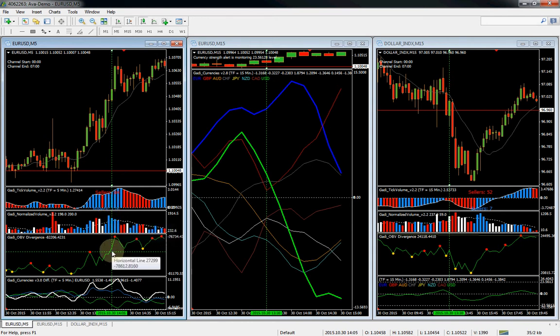The OBV line is pointing up, and it's cleared that previous point here. Certainly the difference line is going up. But what I don't like here, look, is these two lines. The euro and the dollar are both pointing in the same direction. They're both going down. But obviously the price is going up. So certainly on the next bar there was some profit to be had.